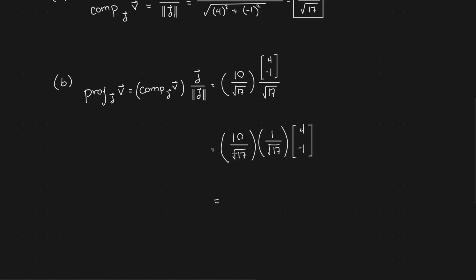If I multiply my two scalars together, I get 10 over 17 times the vector 4, -1. So now do scalar multiplication. Multiply each component of the vector by the scalar. I get 40 over 17 for the first component and -10 over 17 for the second component.